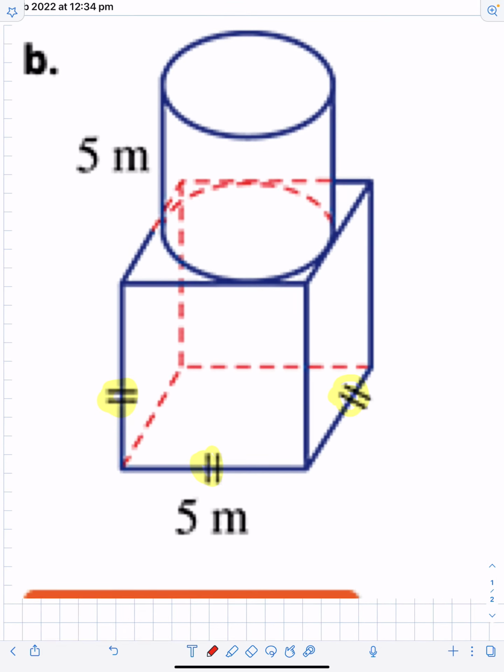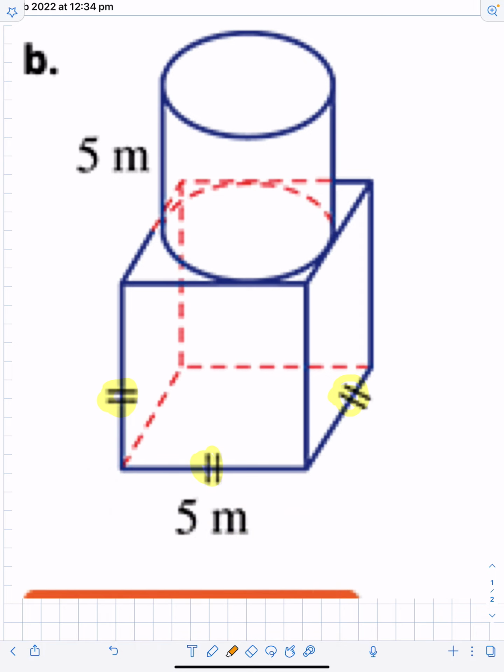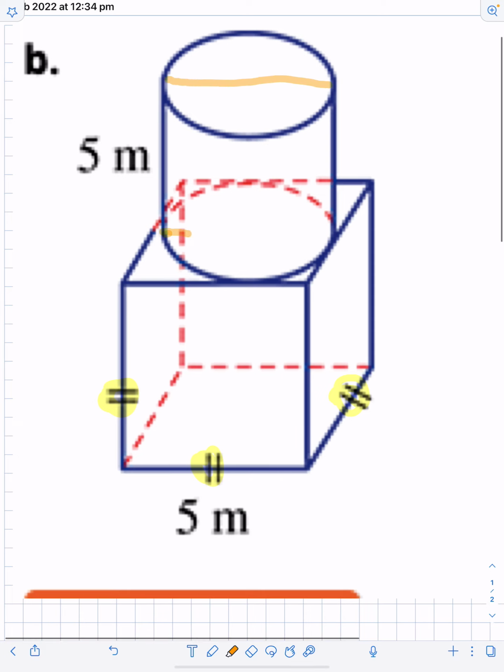I'll pick an orange. What we can see here is from one side of the circle to the other side. Let's just go through there. All right. We can see that length is 5 meters. All right. So that's called a diameter. So the diameter is 5 meters.